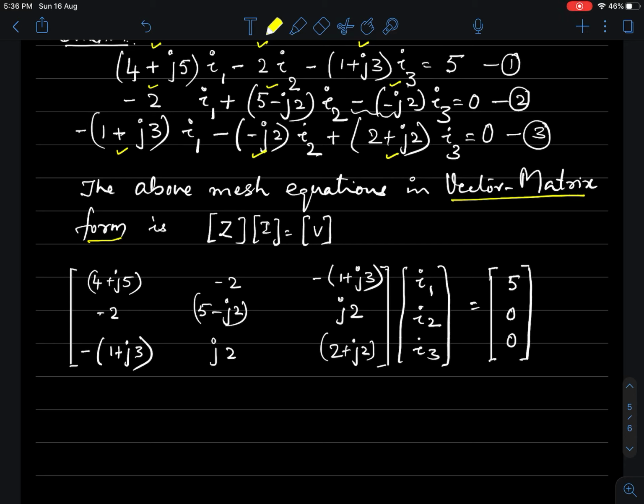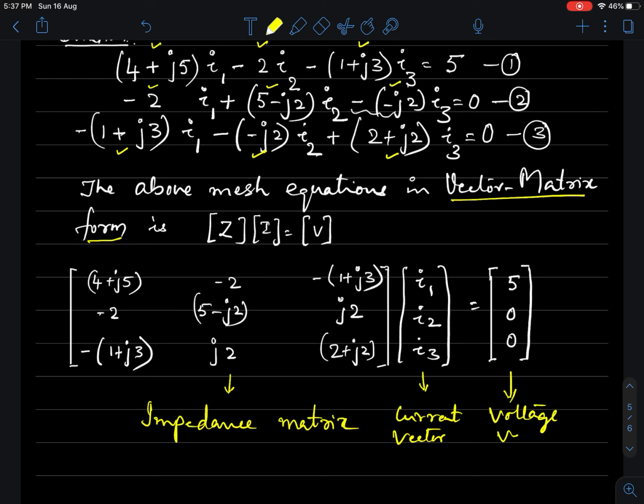In this form, you can identify this as your impedance matrix, this is your current vector, and this is our voltage vector. These are all column vectors, and the impedance in this particular problem is a 3 by 3 matrix.